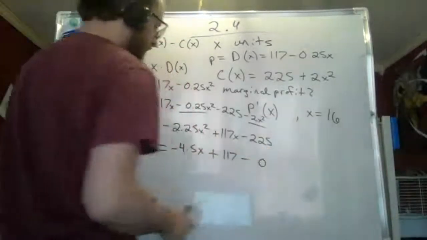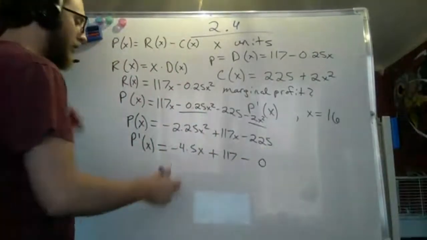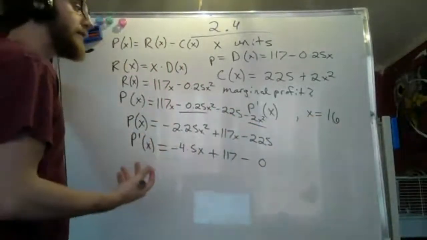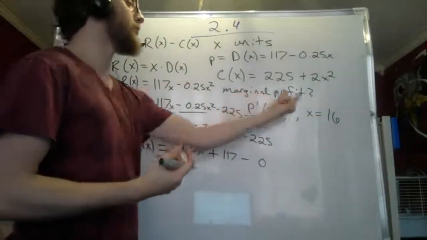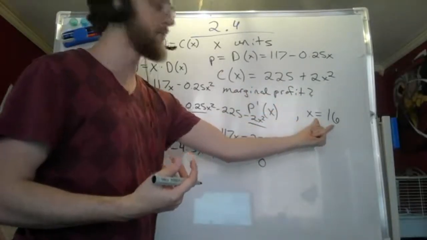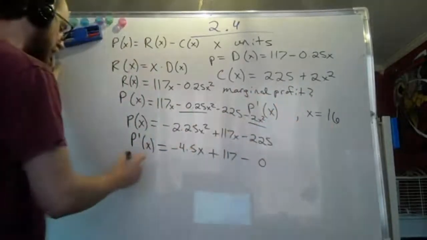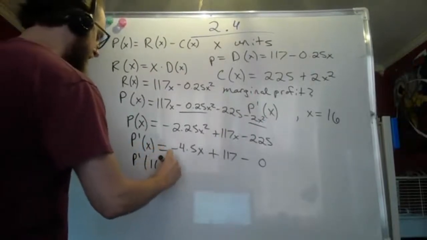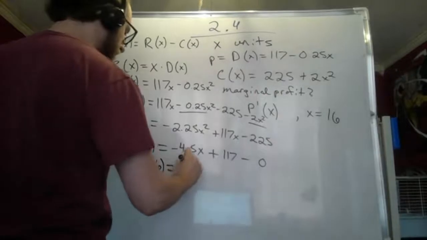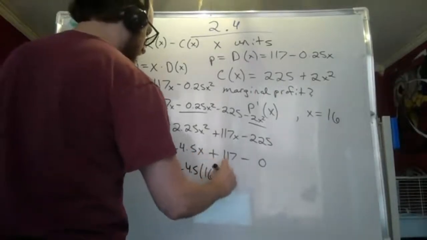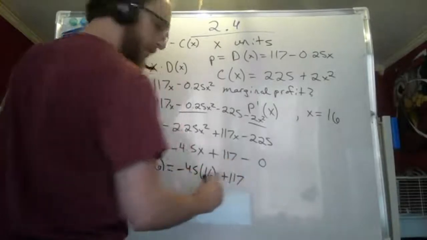So minus 0. Now, we're ready to do our last step and plug in x equals 16 to find out what is the marginal profit when we sell 16 units. So, we're going to have here P prime of 16 is equal to negative 4.5 times 16 plus 117.